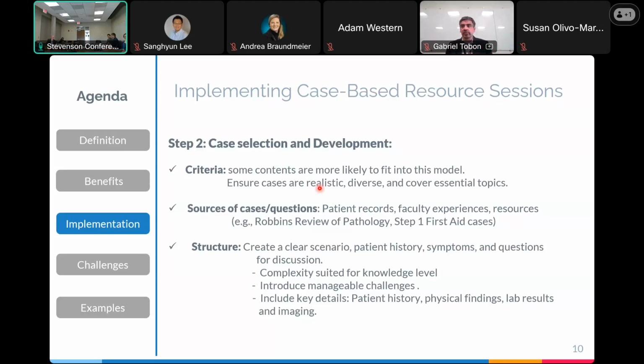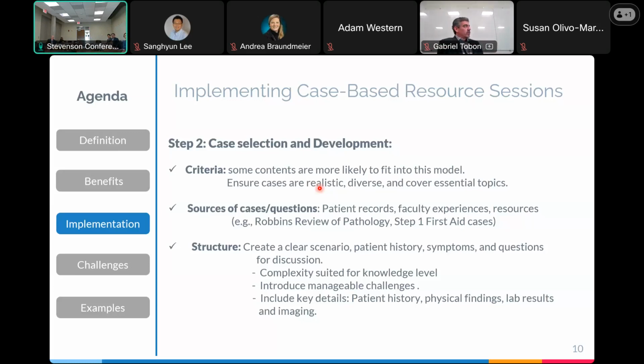But it's the same for liver pathology, so big contents, or if you in pharmacology are covering antibiotics, it's easier to cover than small contents.